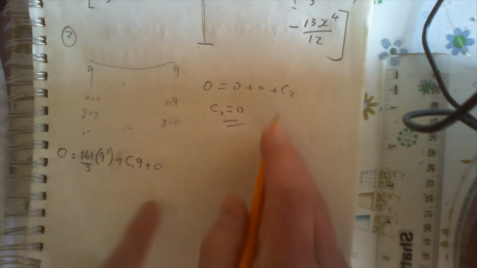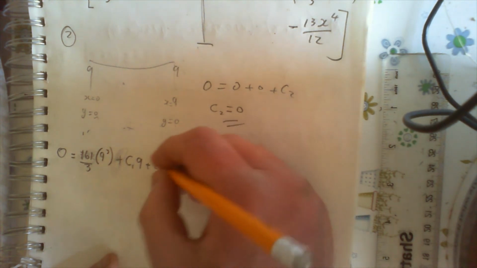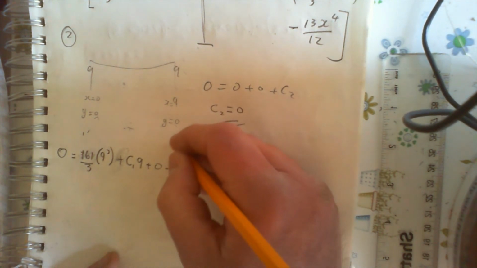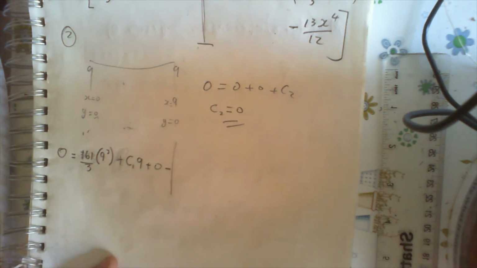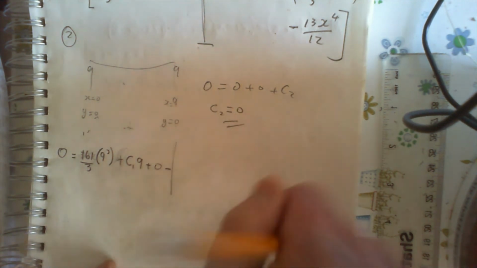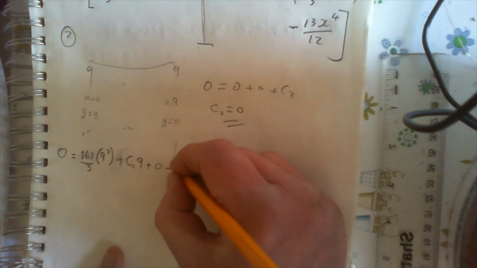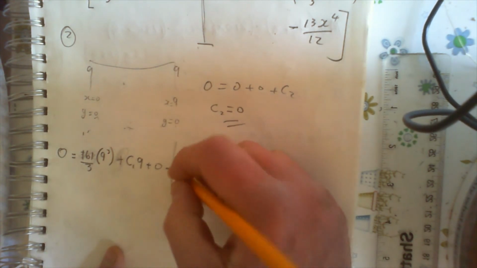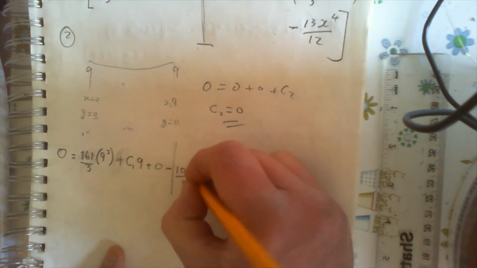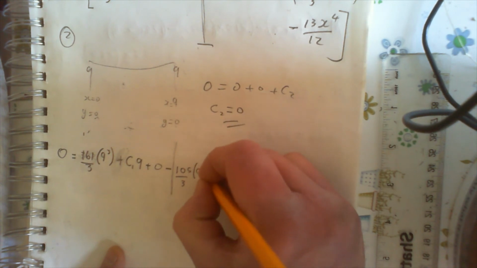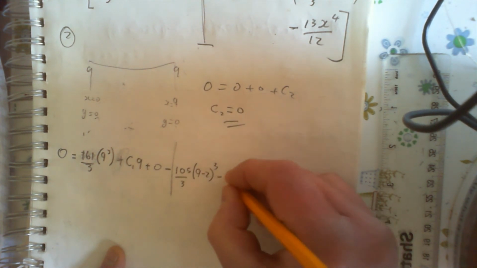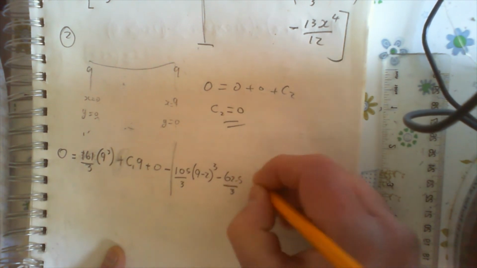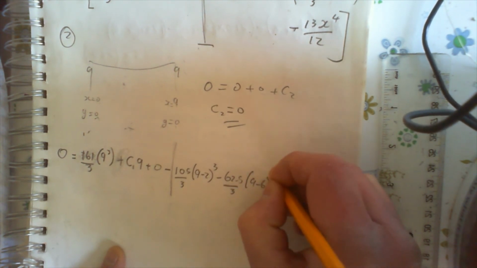Plus 0, or C2, minus, see, that's a positive bending moment. This is all the negative, or anti-clockwise, moments coming in now. So it's minus 105 over 3, that's 9 minus 2 cubed, minus 62.5 over 3, 9 minus 6 cubed.